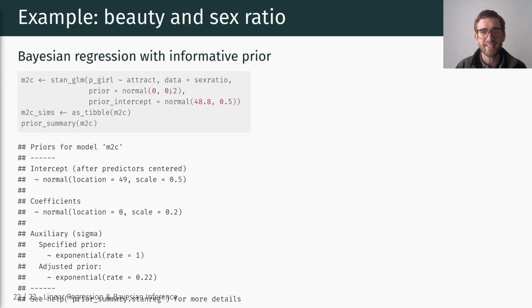So since our predictor ranges from -2 to 2, that essentially means that we shouldn't observe differences in the percentage of girls in the population between the minimum and the maximum. We shouldn't expect much more than a 0.8 or 1 percentage point increase or decrease, okay? Comparing the highest and the lowest category of attractiveness, right?